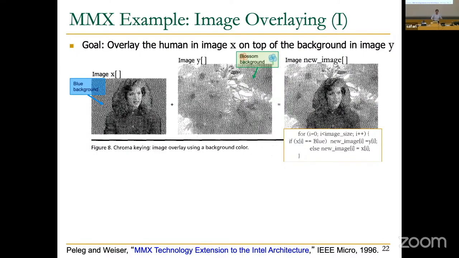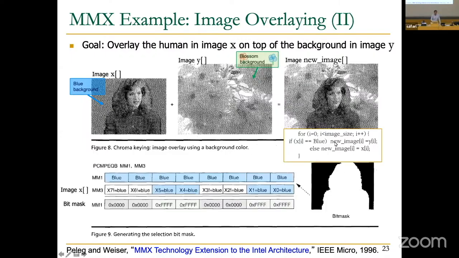That way, you will have this lady behind a nicer background of trees as opposed to a blue background. Okay. So how do you do this with scalar operations? Basically, this becomes all scalar, but with MMX, multimedia extensions, you can operate on 8 pixels at a time, essentially, assuming each pixel is 8 bits.